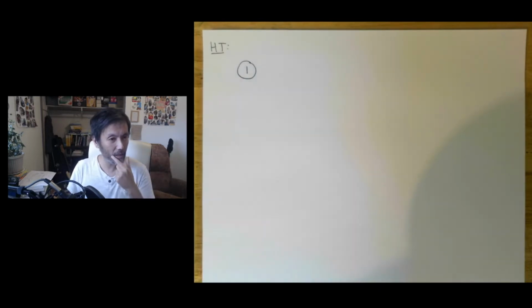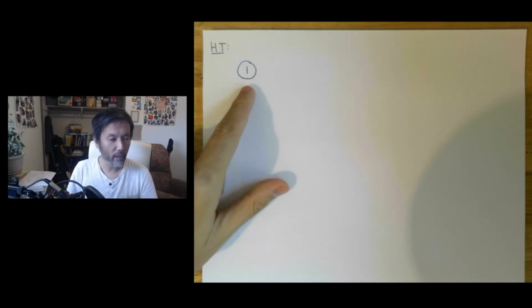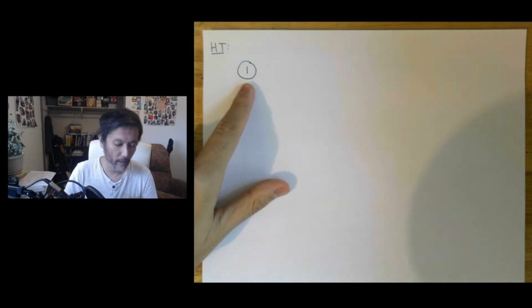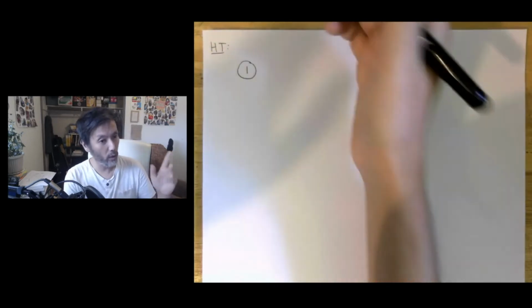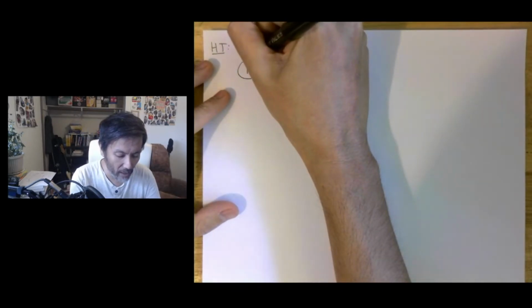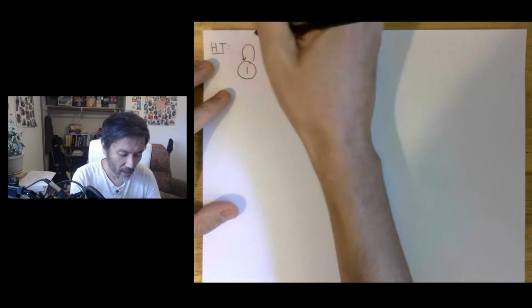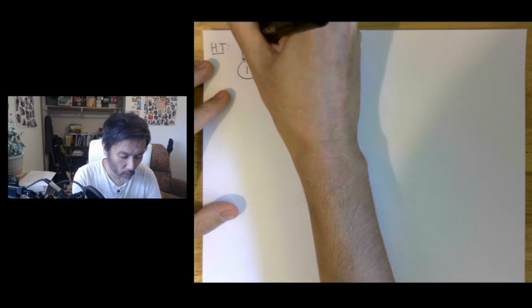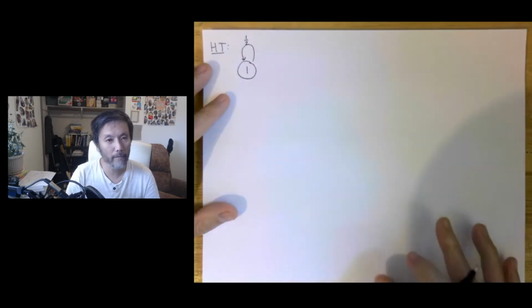Does this make sense? So when you flip tails, it's like you don't move anywhere. That happens, of course, 50% of the time. So I'm going to draw an arrow from this state to itself, like this. And it's going to be labeled with the probability 1/2, or 50%.